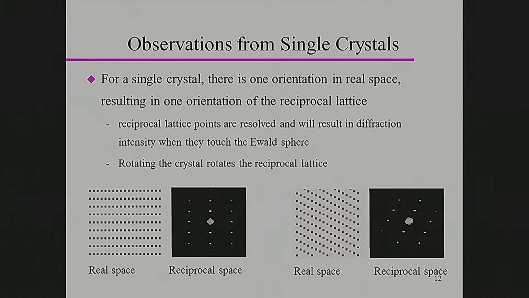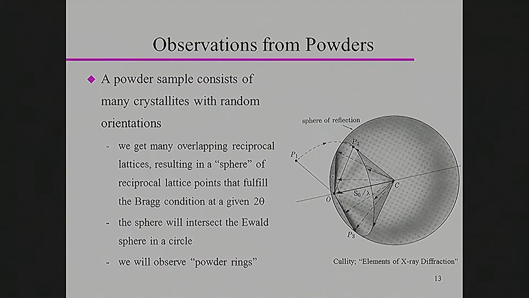Now, if you have a large number of randomly oriented crystallites, that means all of those orientations exist at once. And so instead of getting one spot for a reflection, you basically get a cone of diffraction intensity, because anything at the same d-spacing will give diffraction for that powder.